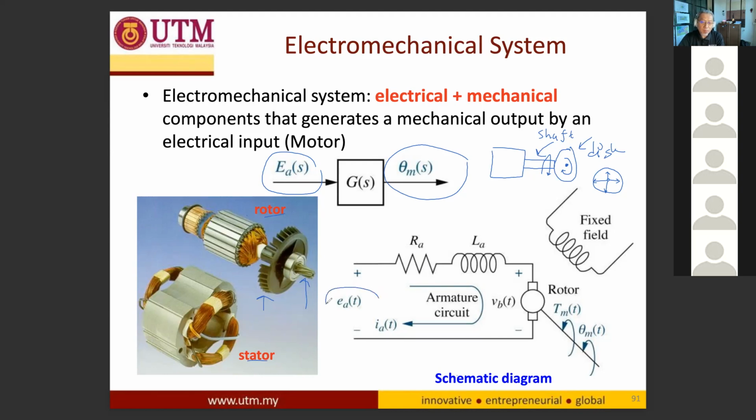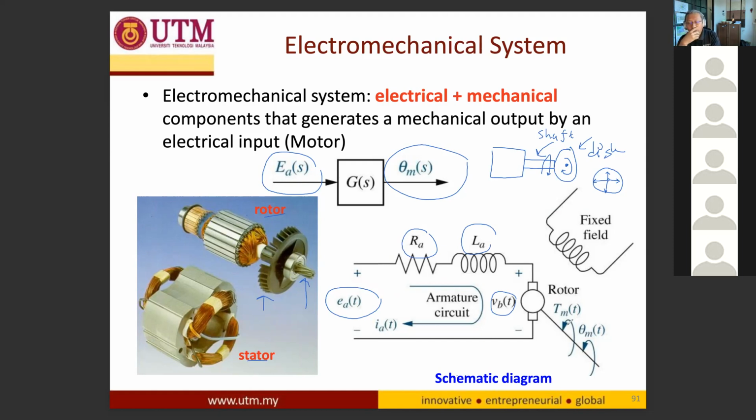So this is the power supply of the armature circuit of the motor, with the resistance and the inductance. And the rotor has its own electromotive force, which is VB, and rotates according to the torque of the rotor.